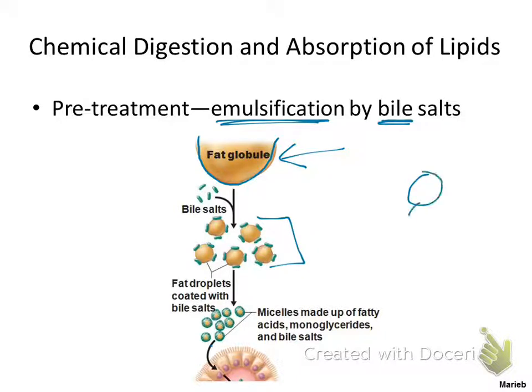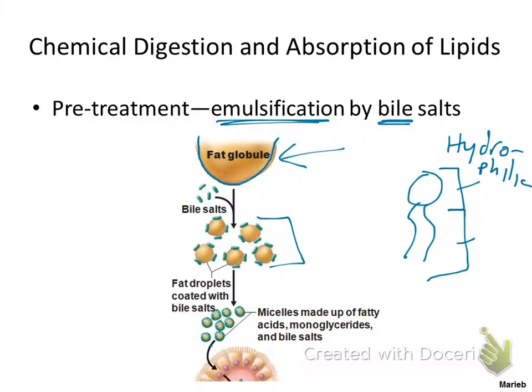All right, yeah, they have a head and they have tails. The head group is hydrophilic, whereas the fatty acid tails are hydrophobic, right? I'm running out of room, otherwise I'd write the full term.